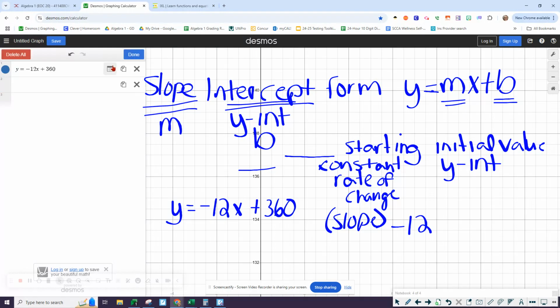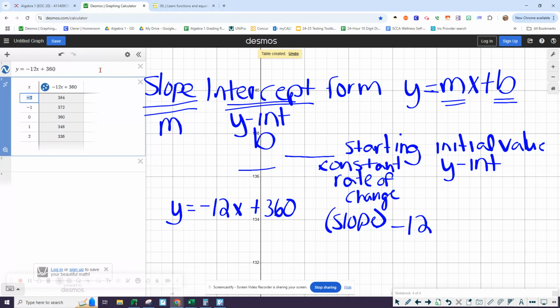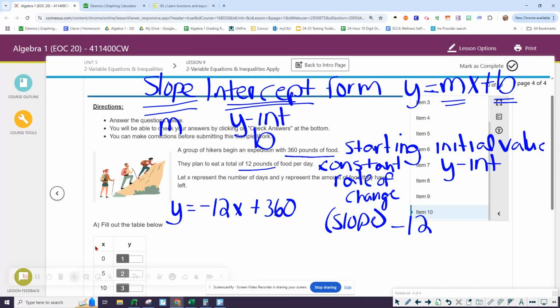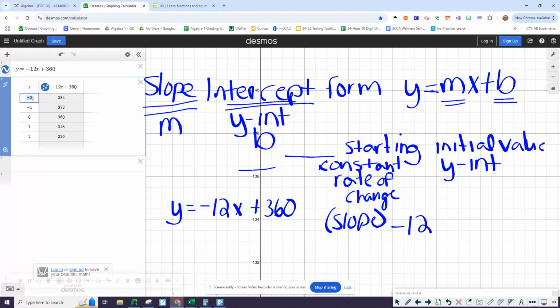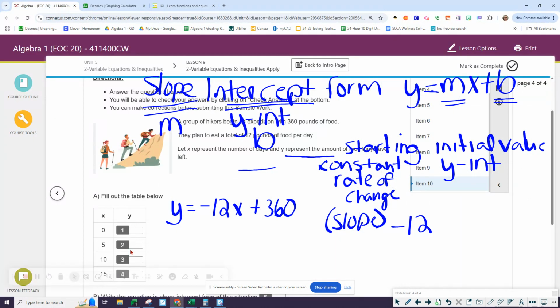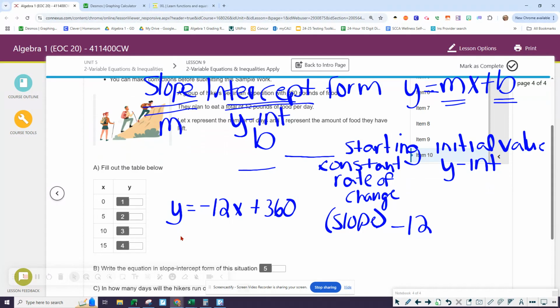Now let's change that to a table of values. If I go back over here, I want 0, 5, 10, and 15 in my x column. So I'm just going to change those here, 5, 10, and 15, and I can delete this row. It will automatically put in the values in my table for me that I can use to fill out your y values here.